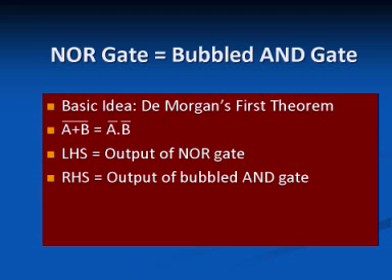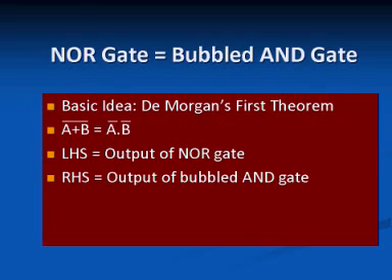Now we will understand that a NOR gate is equivalent to a bubbled AND gate. As we know, the output of a NOR gate is (a plus b) whole bar. According to De Morgan's first theorem, (a plus b) whole bar is equal to a bar into b bar.